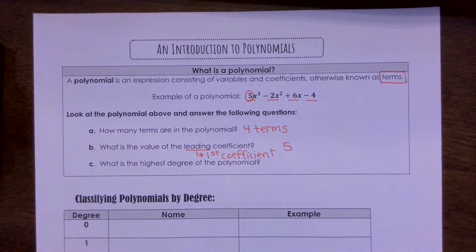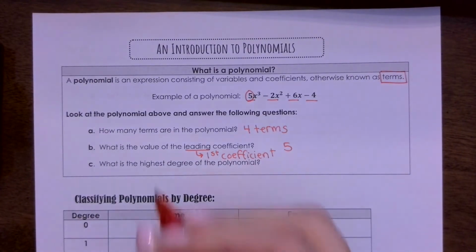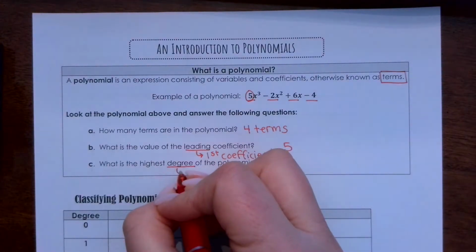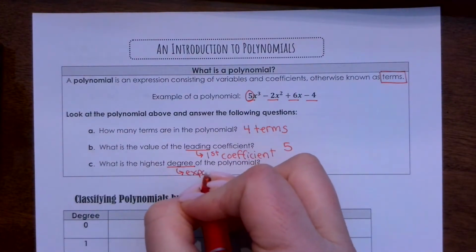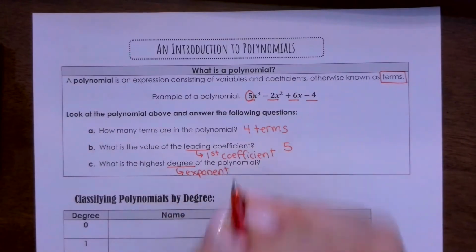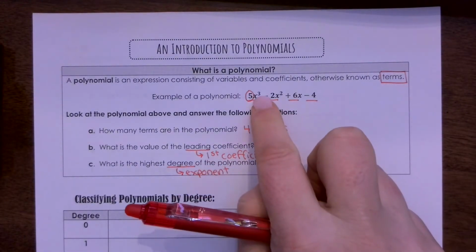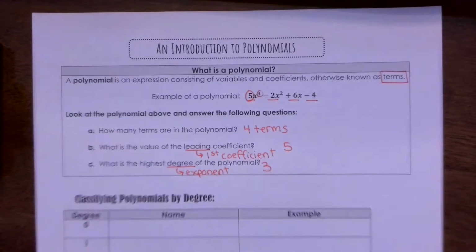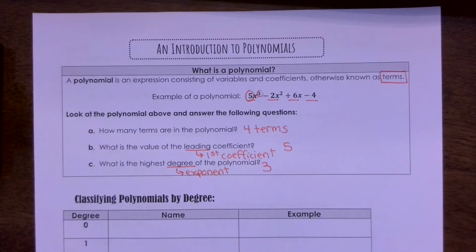And now we need to know what it means by what is the highest degree of the polynomial. This refers to the exponent. So what is the largest exponent of this polynomial? And I see that 3 is the largest. So the highest degree of this particular polynomial is 3.